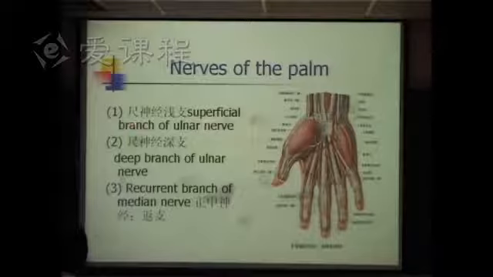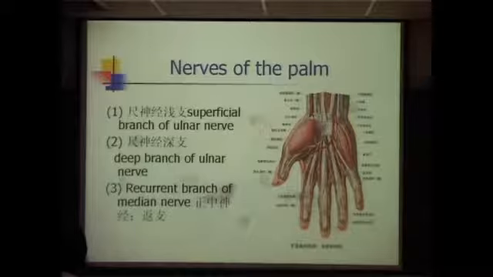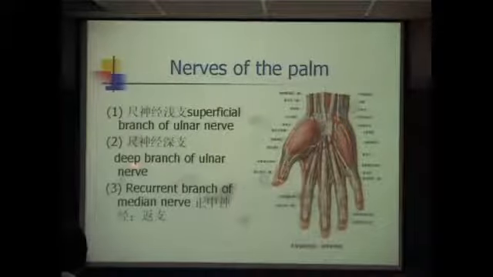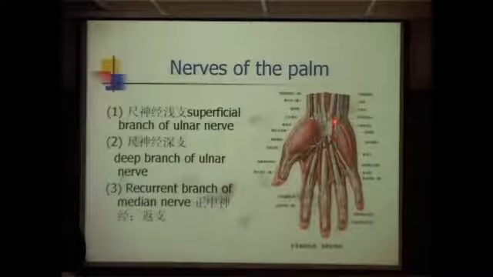And the ulnar nerve also gives off a deep branch, which goes into the deep of the palm to supply the deep structures in the hand. You should identify the deep branch of the ulnar nerve. It goes on the wrist here.